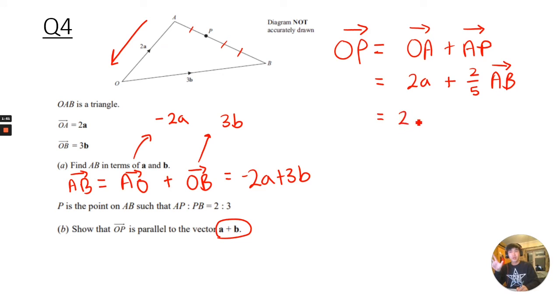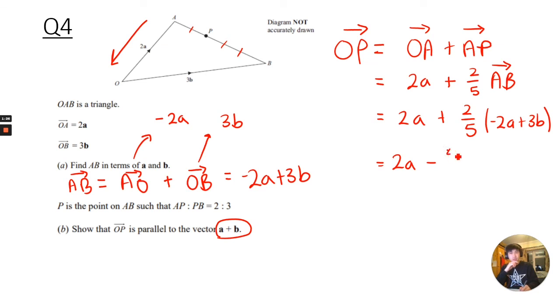So we continue that. So 2A plus 2/5 of A to B, which is now going to be negative 2A plus 3B. I've just taken that from part A that we found earlier. So 2A plus, take away 2 times negative 2.